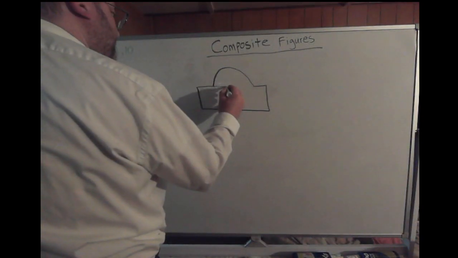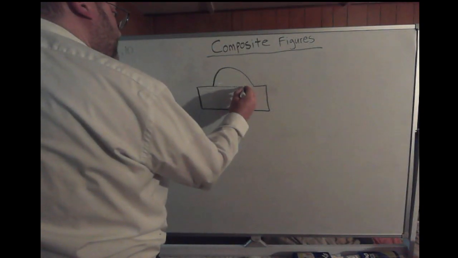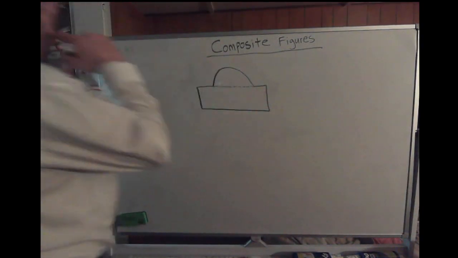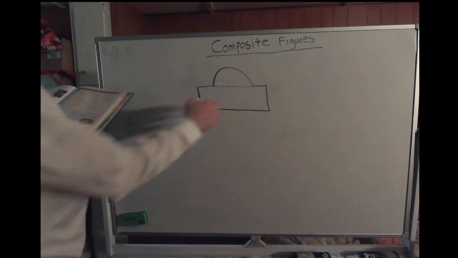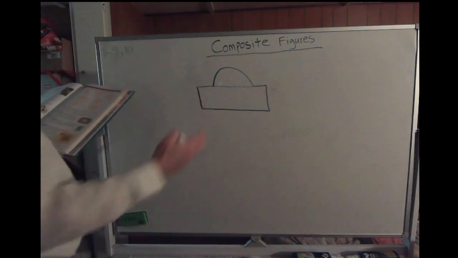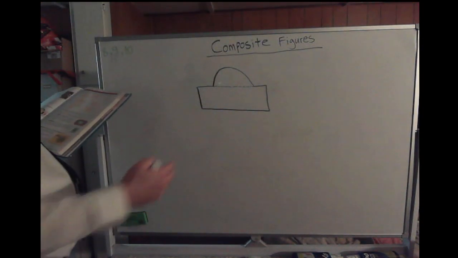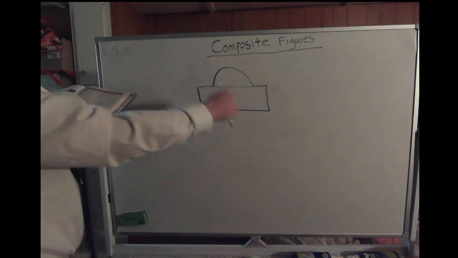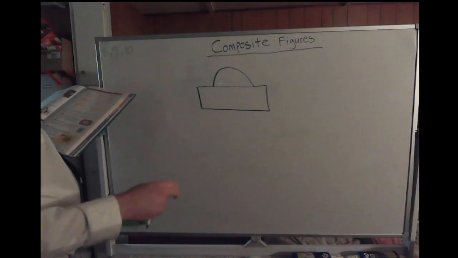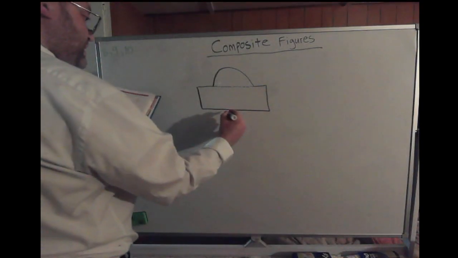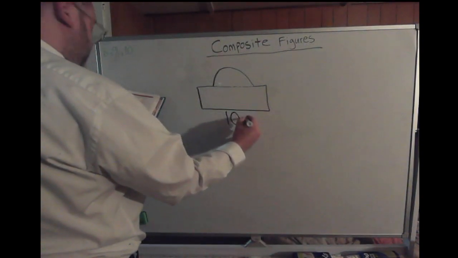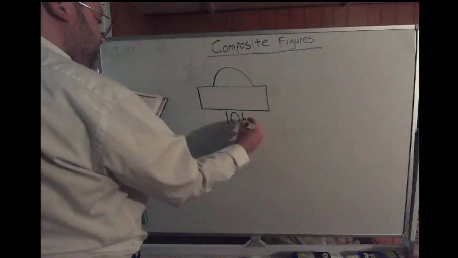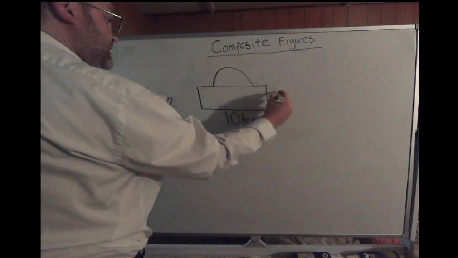Alright. We got an interesting shape here. We have a rectangle and a semicircle that seem to be fused together to form one shape. Looks like a little carrying bag, almost, is what it looks like. We got a length for the rectangle being 10 kilometers.